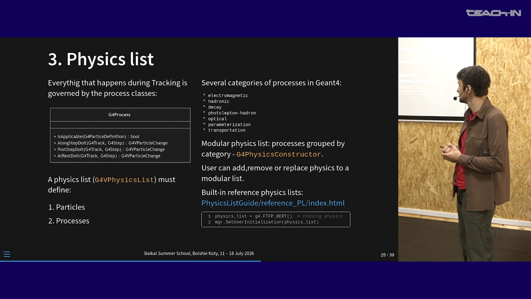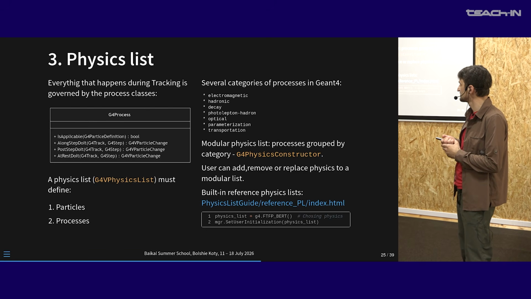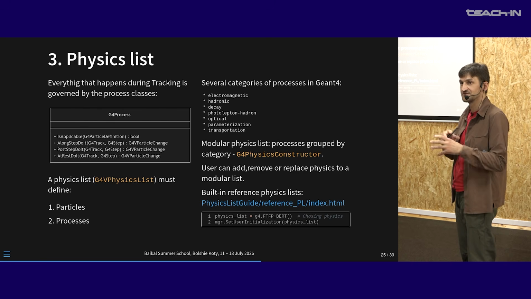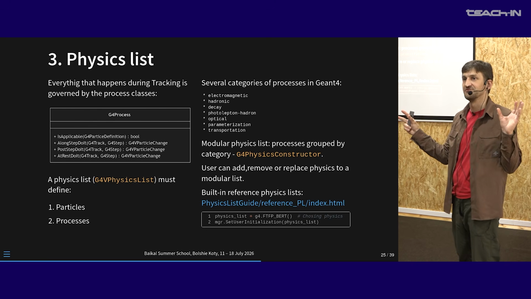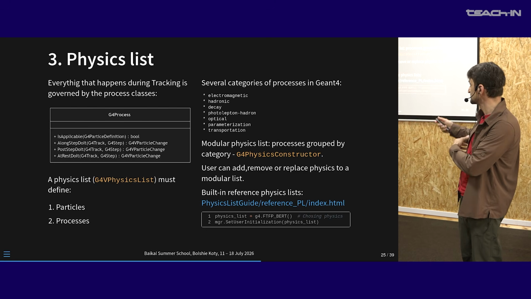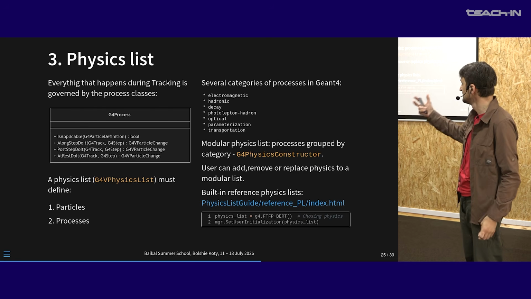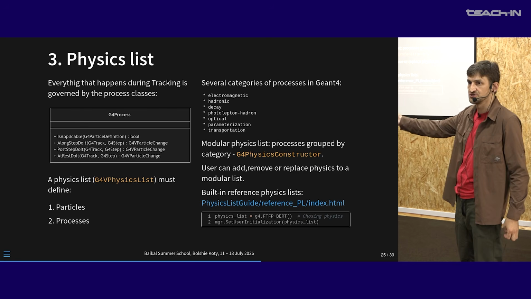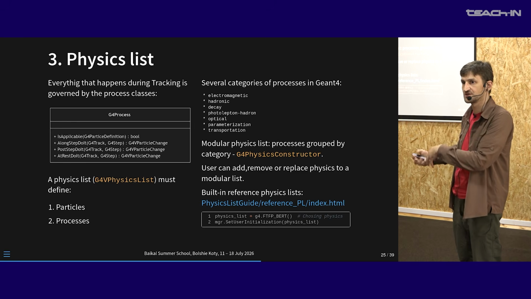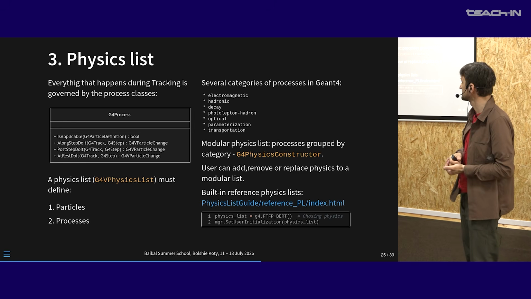I think hadronic models are the ones which are less known, or at least have the larger variation. So that's why we have different hadronic models. We also have another package, Fluka, which is closed source and has its own hadronic models and is considered to be slightly better.